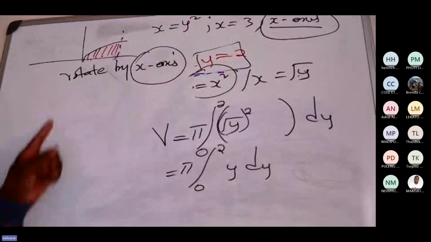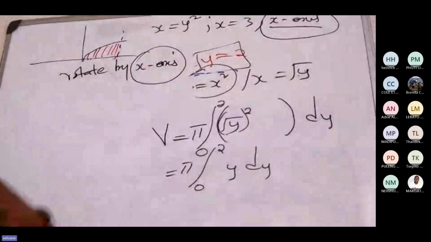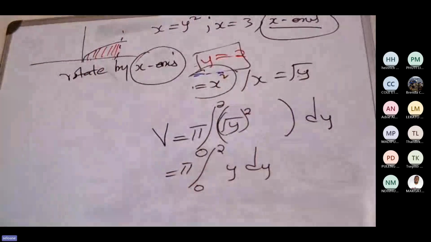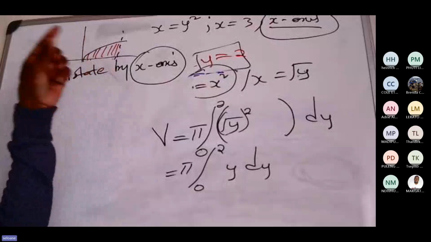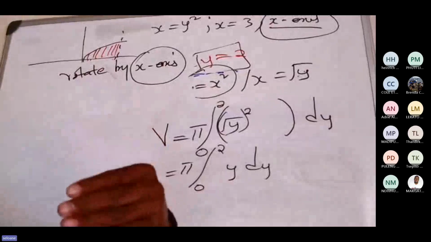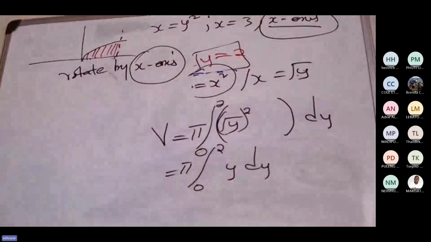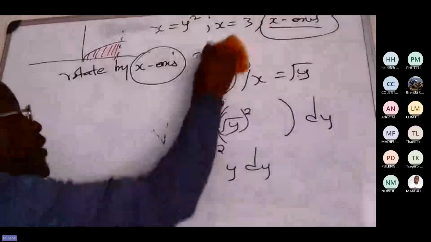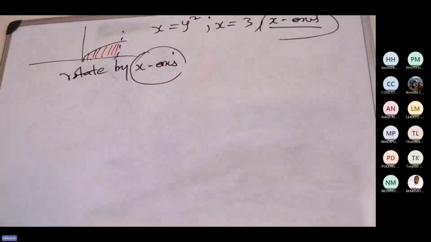The question is, find the volume of the solid of the resulting revolution. The question still remains, find the volume of the solid of the resulting object. So what do you do now to find the volume of the solid formed?